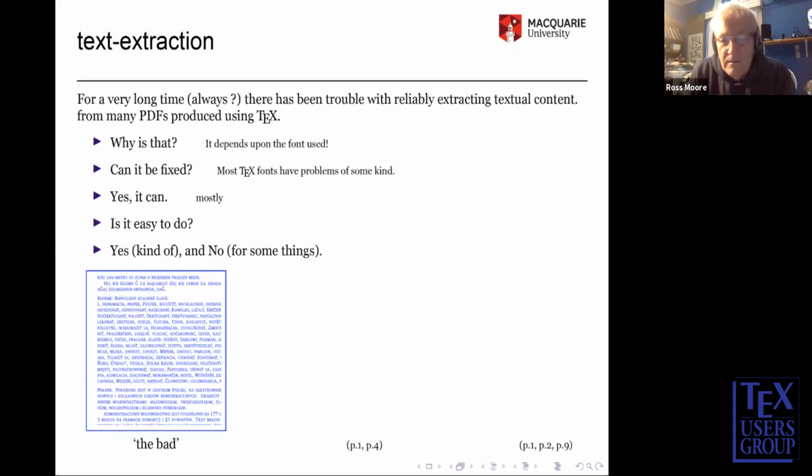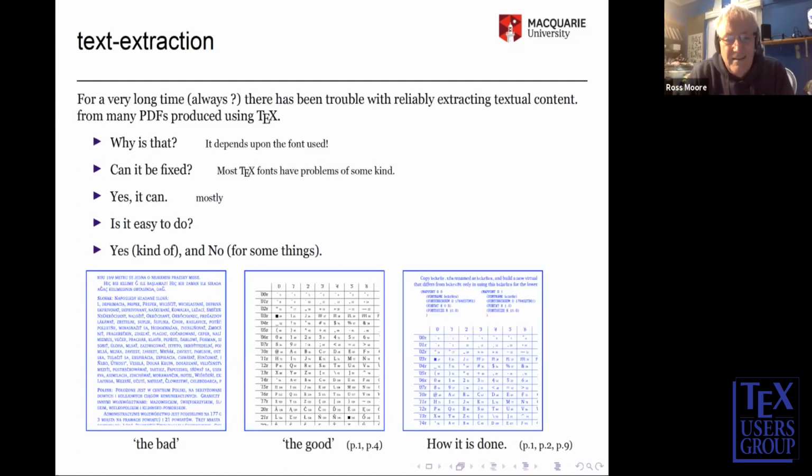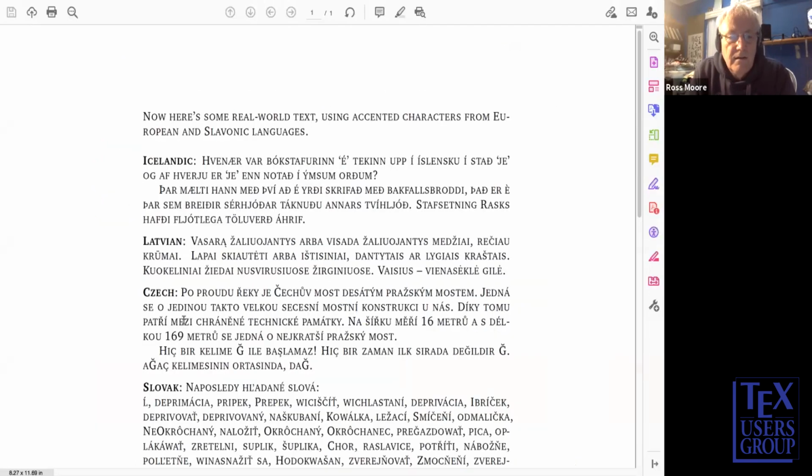Okay, so I'm going to switch to looking at some example documents. So here's links through to those documents, and we can go to the first one. And you see here I've got some text, little snippets of text that I've copied from web pages in different languages.